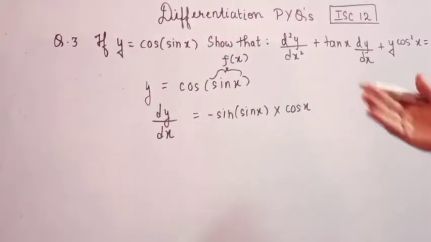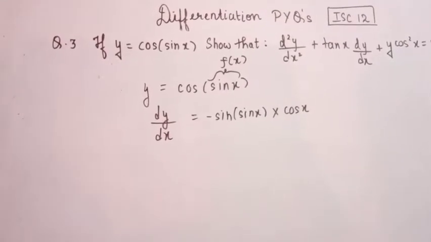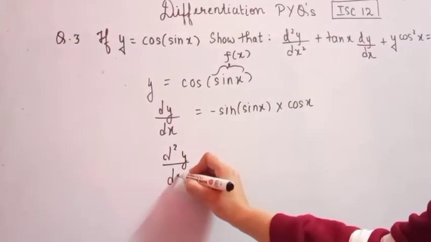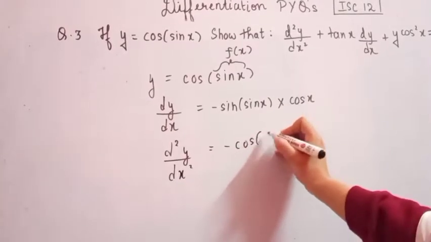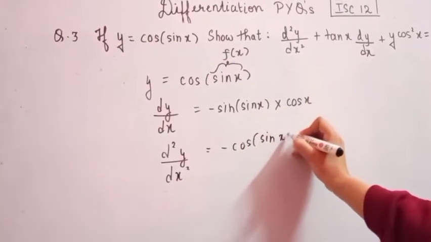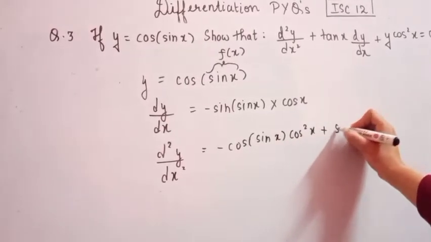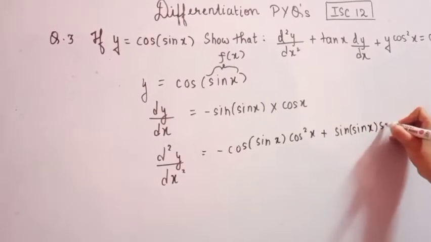And now we again differentiate it with respect to x. Right now I'm not writing, but you need to write everything. It becomes d2y by dx square equals to minus cos of sin x into cos square x plus sine of sin x into sin x.